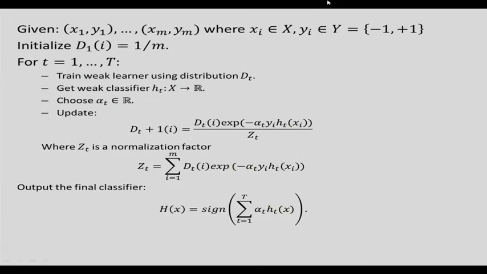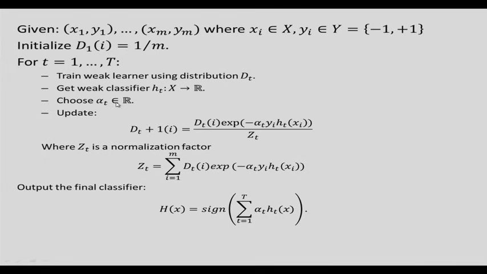You can see the slide here where the algorithm is given. So, this is our sample. yi is either minus 1 or plus 1. This is the initialization of the probability distribution, and we run this algorithm for capital T number of iterations. In each iteration, we use the current probability distribution to generate the data, and on that data we train a classifier ht.